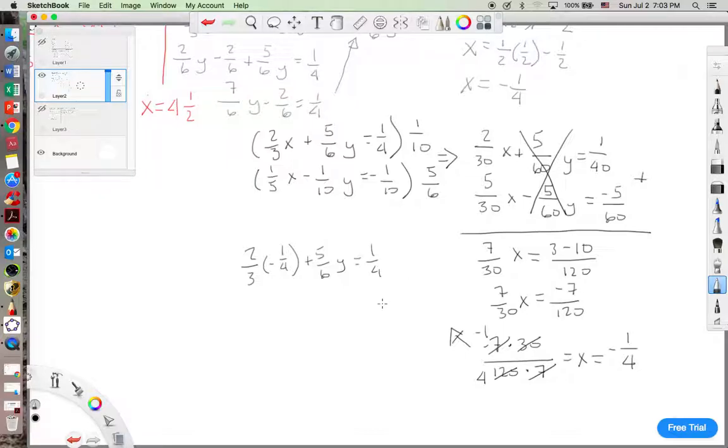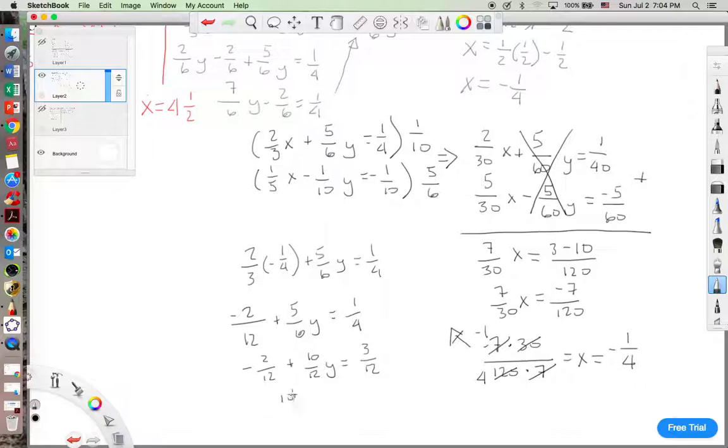And it's easy sailing from here. 2 times 1 is 2. 3 times 4 is 12, plus 5/6 y equals 1/4. Okay. And let's go ahead and make our common denominator. We'll get a negative 2/12 plus 10/12 y equals 3/12.